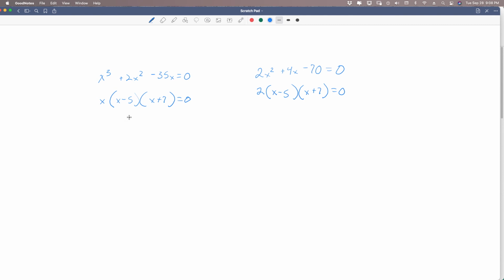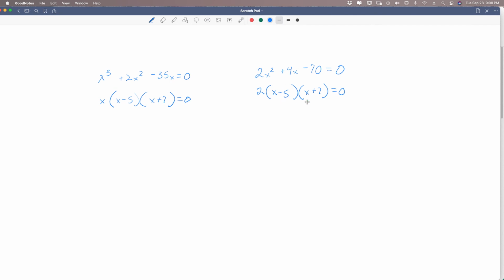In A, we can set each set of the factors equal to 0 and find the solutions are 0, 5, and negative 7, which we did. Equation B is different because although it has three factors, only two of the factors can ever be equal to 0.